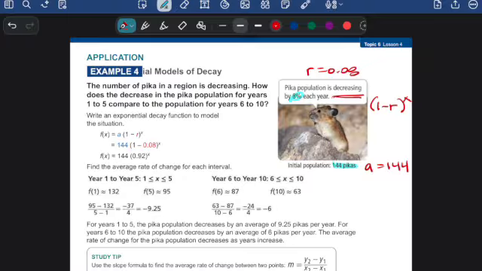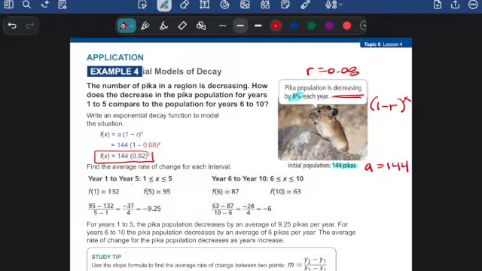So let's plug all these numbers into our formula. A replaced with 144, 1 minus 0.08 becomes 0.92. So here's our function. And now we're going to apply each of those intervals to that function. So we can just look at the endpoints, the beginning and the end of that interval.